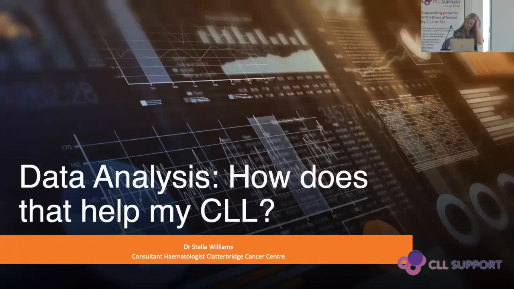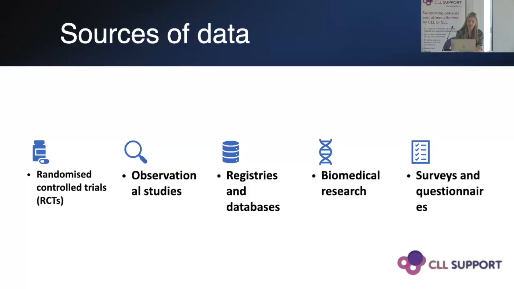So data analysis, and how does that help my CLL? There are lots of different sources of data. Jane and Moira touched upon some trials, so randomized control trials ranging from phase 1 up to 3 and sometimes 4.